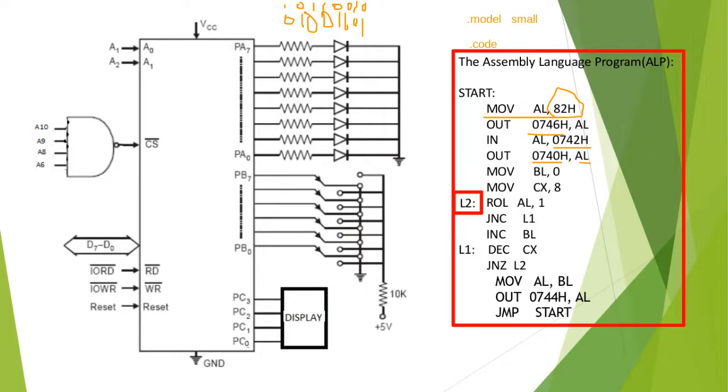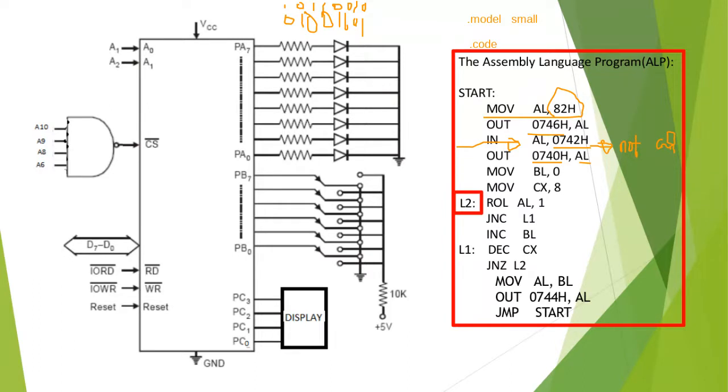We already discussed this in the lab, right? We can write NOT AL and then out port A address comma AL. Is it clear, right? If it is the opposite pattern, then just make a NOT operation, NOT AL. Okay, and then out 0740H comma AL, so that means port C accordingly.